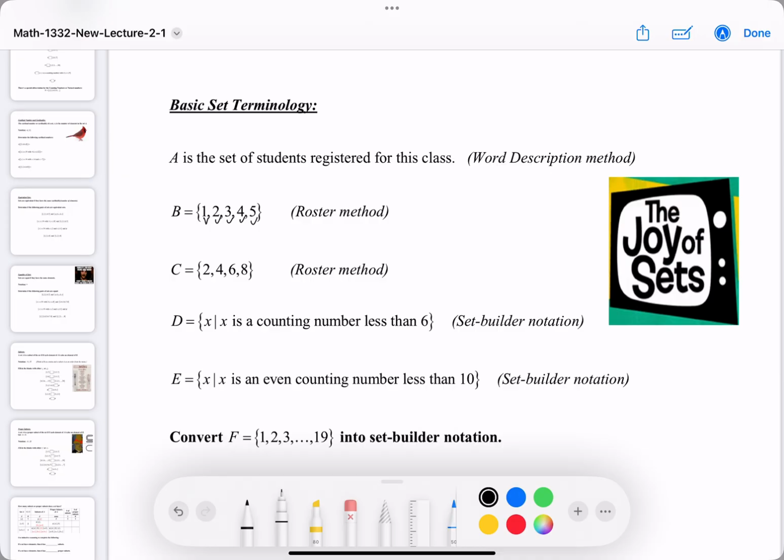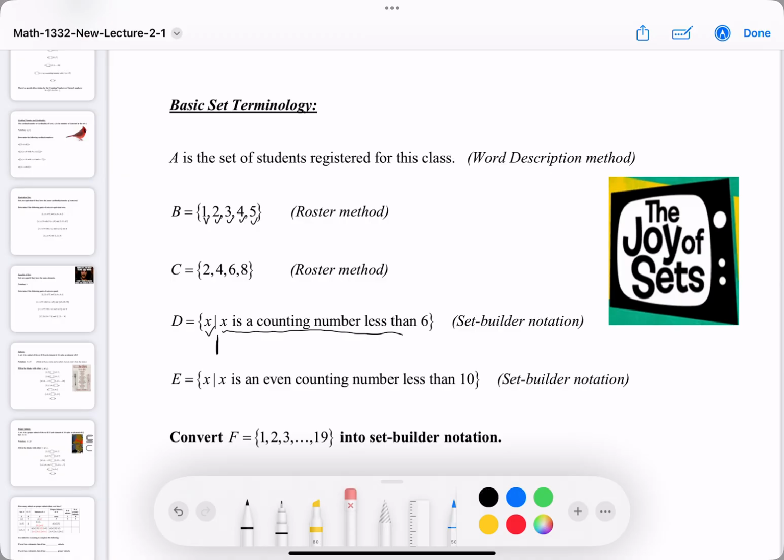I don't have to list all of the elements of D, but we show the condition of the variable x, and then you will know what the set D is. How to read this? We say all of the x, and this bar we call "such that". Then you read the description or the conditions: x is a counting number less than 6.